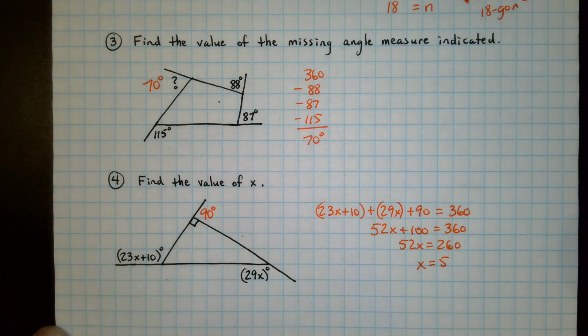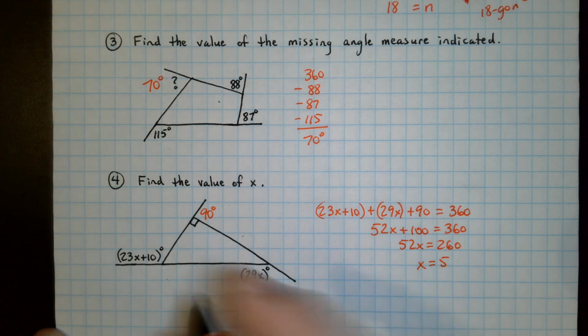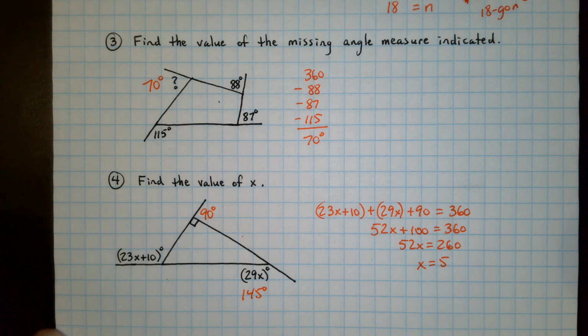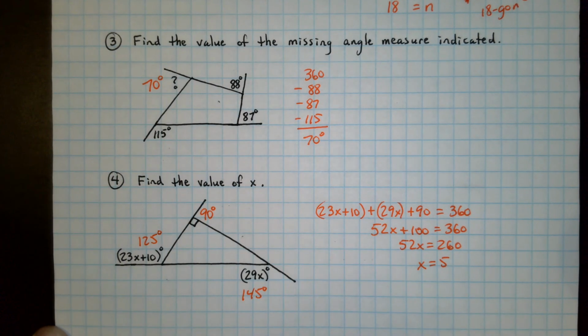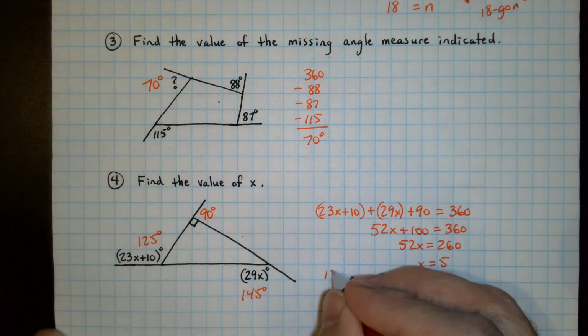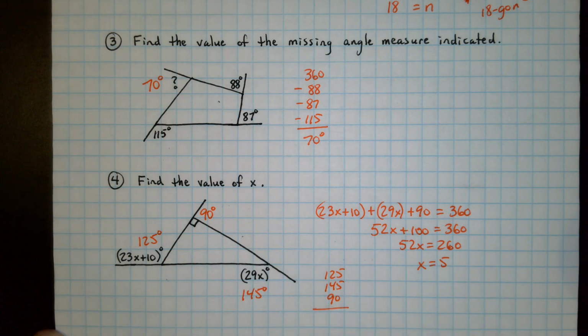Now if we were asked to do this, we could put that in place right here, and 29 times 5 would be 145 degrees, and 23 times 5 plus 10 would give us 125 degrees there. You can always check. 125, 145, and 90 should add up to 360, and I did a quick check and they do.